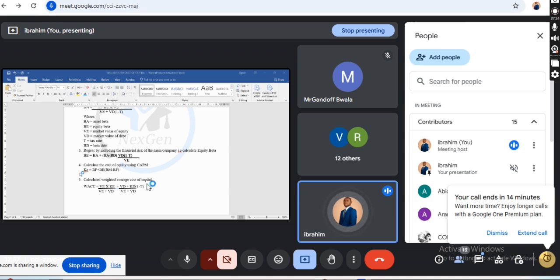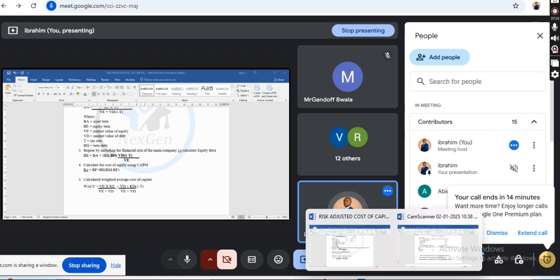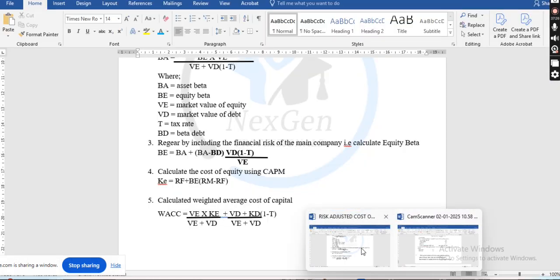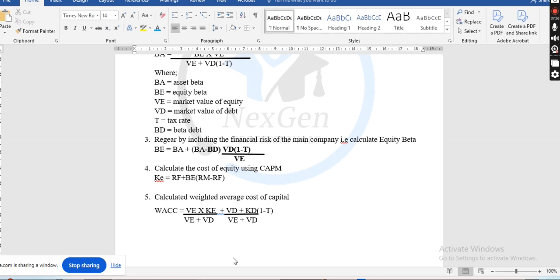Now, let me quickly add another thing under the risk adjusted cost of capital. For instance, class, if debt to equity is given as the level of gearing, debt to equity is given as equal to 10%.